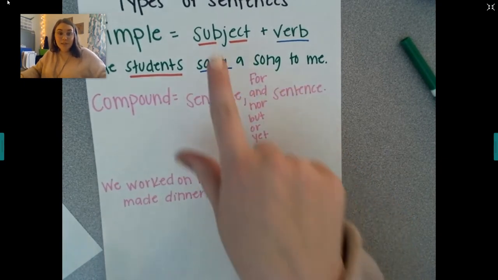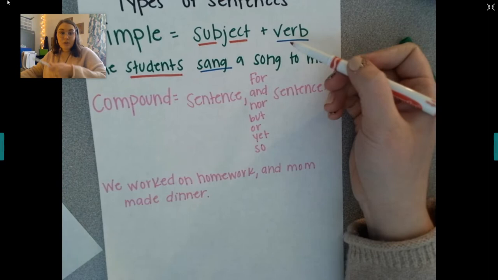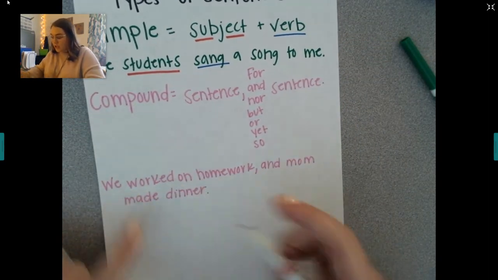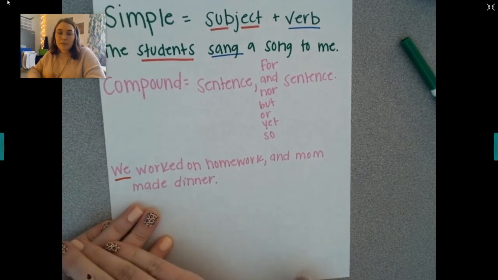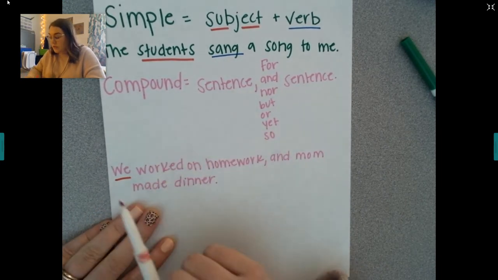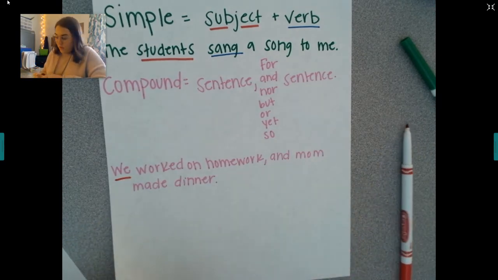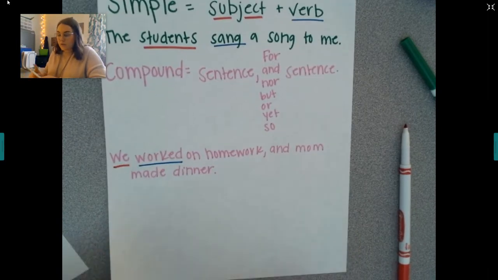So that means your sentence should have two subjects, two whos, and two, what did they do? Two verbs. So let's find our subject. So I'm going to look on this side of my conjunction. I see that we have a we. Your subject's typically very close to the beginning of the sentence, the first couple of words. So we, and what did we do? Well, they worked on homework, but really our verb is just that word worked.